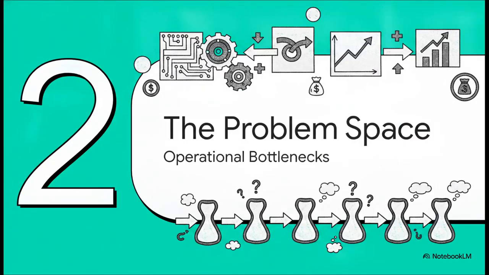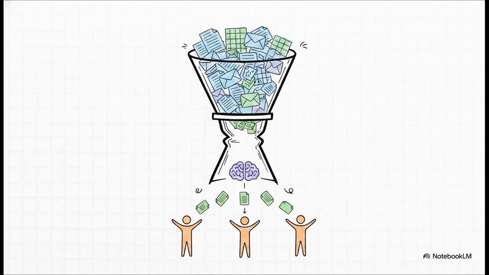Moving on to Section 2, the problem space, focusing on operational bottlenecks. Integration creates massive commercial value precisely because it solves these severe operational bottlenecks, especially for businesses dealing with recurring fieldwork or heavy compliance checks. First up, slow reporting, where someone is manually pulling data into Excel days after the fact.